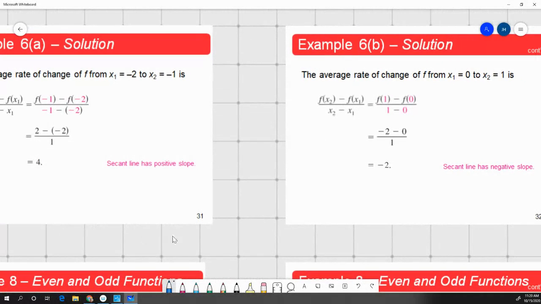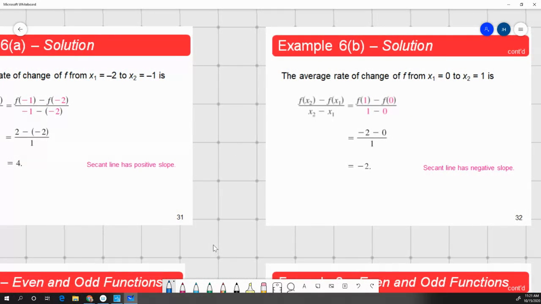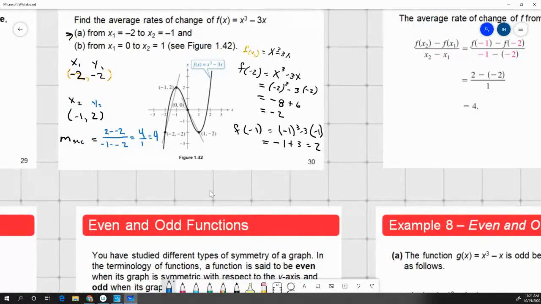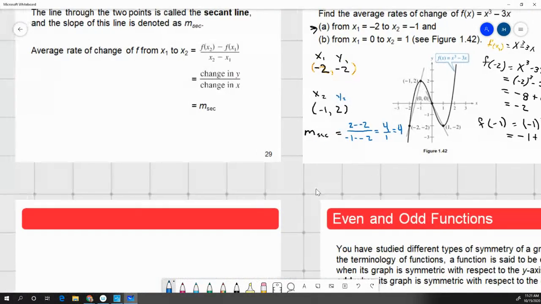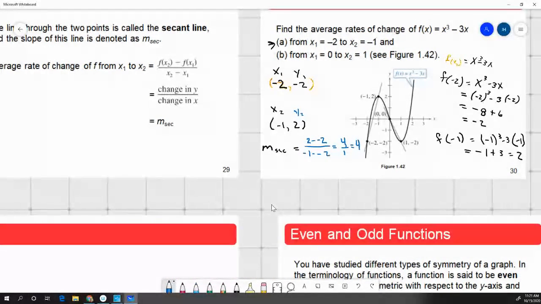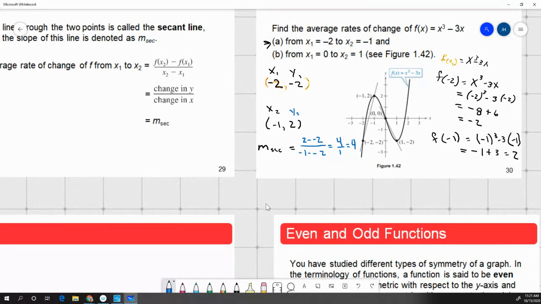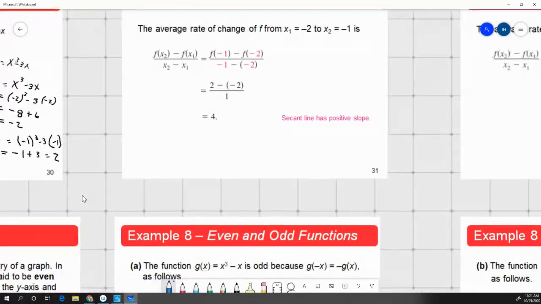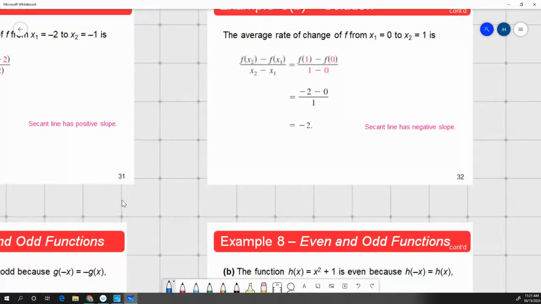So if we look at it in terms of B, we got to go back to our B equation, and B is asking for 0 and 1, or x1, right? So same equation, but this time we're saying we want x1 equals 0 and x2 equals 1.